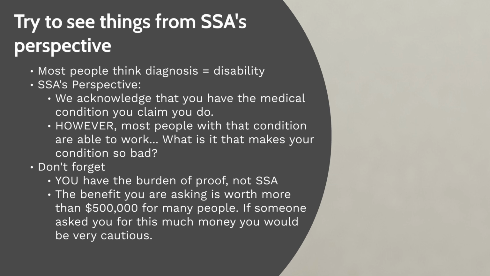So they get your case, they see all these diagnoses that the doctors have given you, and they're going to say, okay, I get it. You have all these medical conditions, and you probably can't do most work out there because these are severe health problems that you have. In fact, you probably can't even do your past work that you're used to doing.